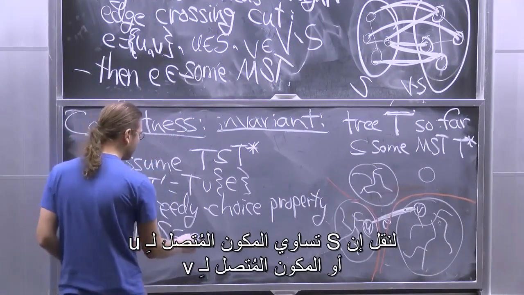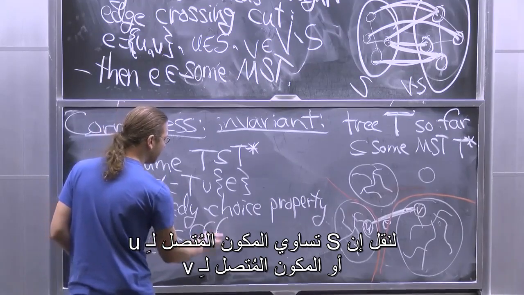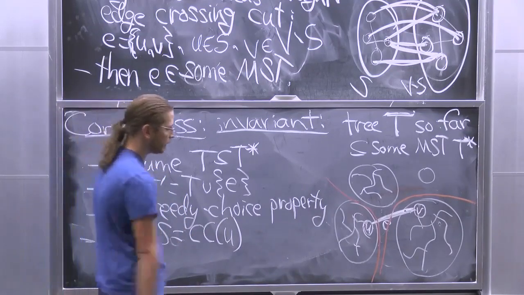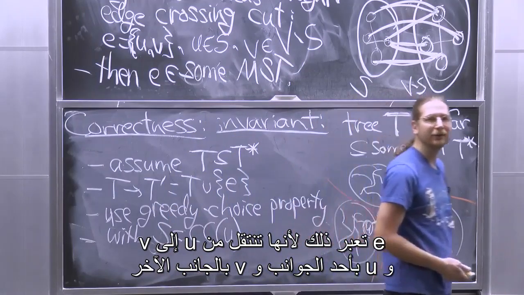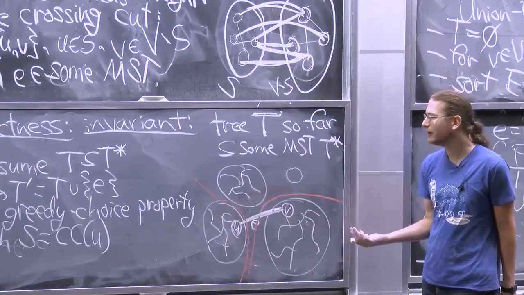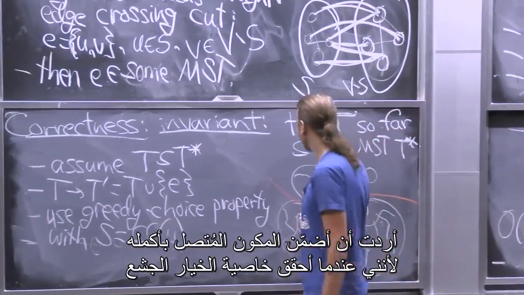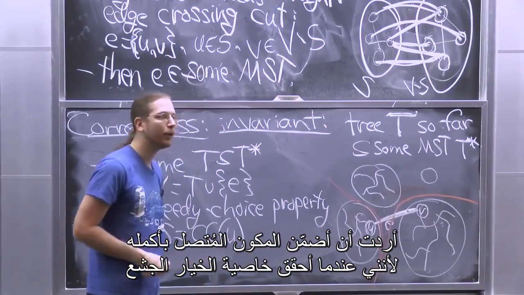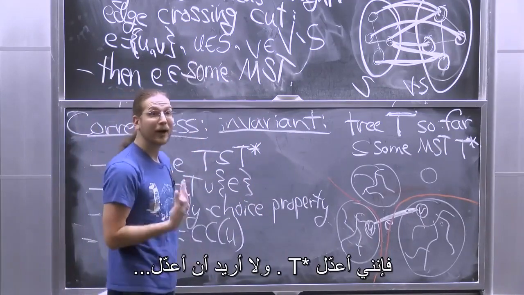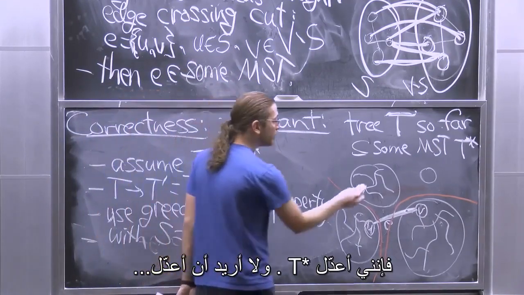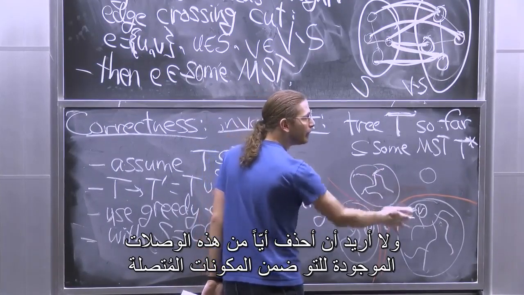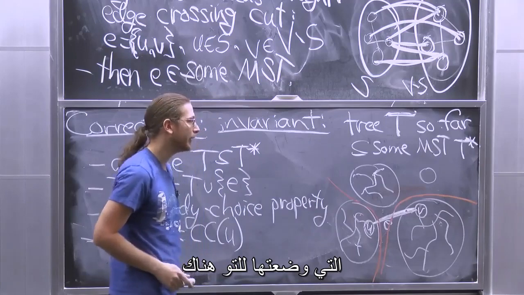So let's say S equals the connected component of U, or connected component of V. E crosses that, right? Because it goes from U to V, and U's on one side, V's on the other side. I want it to include an entire connected component because when I apply the greedy choice property, I modify T star, and I don't want to delete any of these edges that are already in my connected components that I've already put in there.